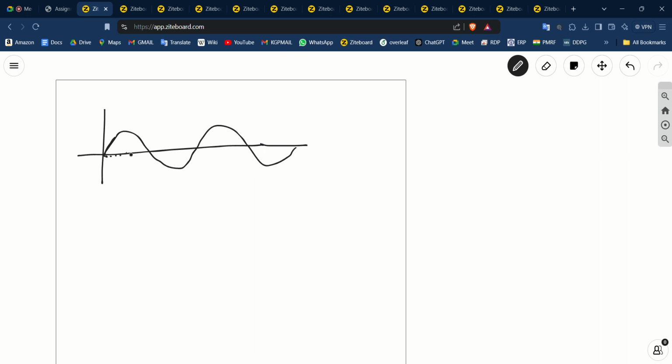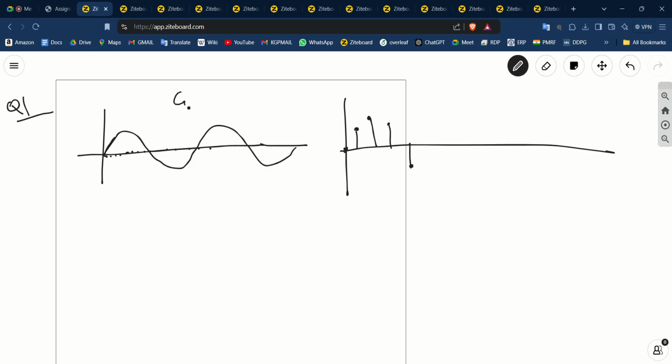Because for all points in time, the value of the signal exists. But for a discrete time signal, the signal exists only at some instances of time. So this is continuous time, and this is discrete time.